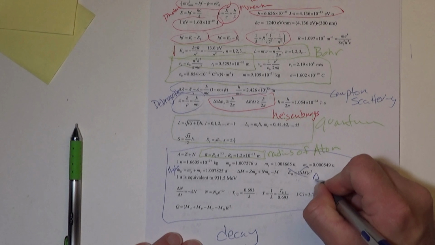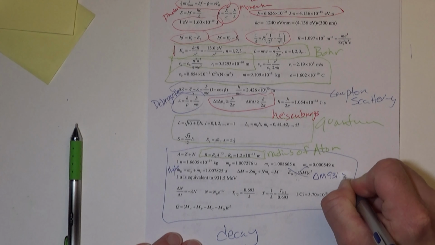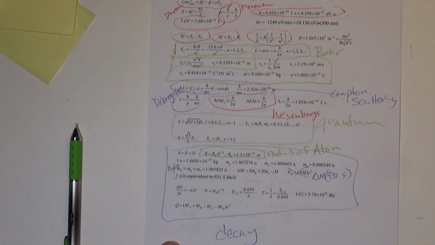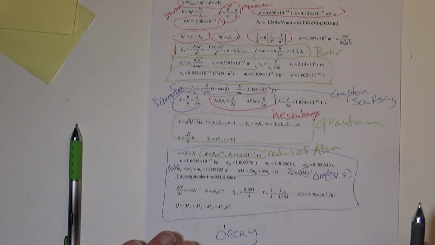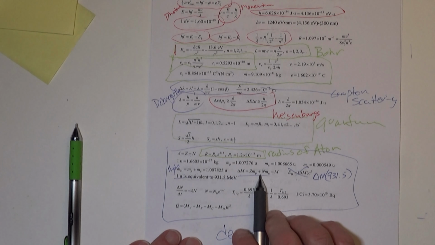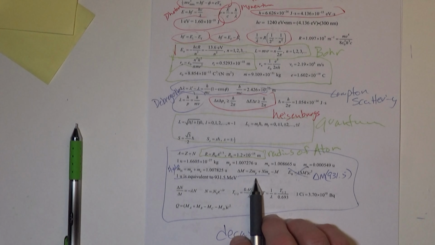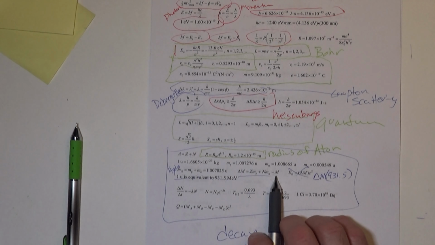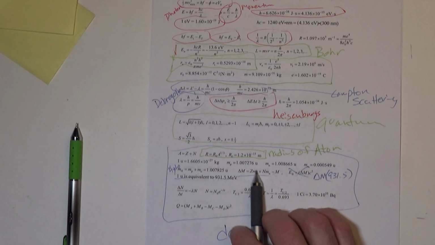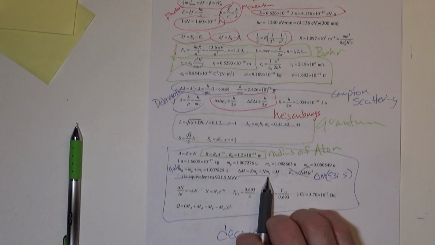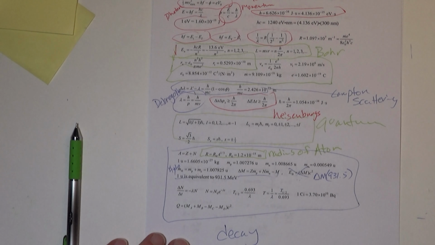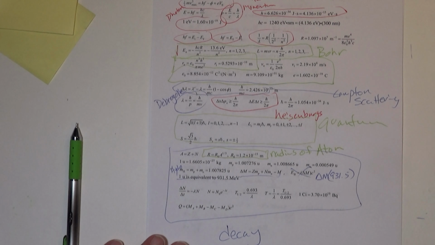What we should use in its place is delta M times 931.5, and he tells you that right here: 1 u is equal to 931.5. Z is the number of protons and N is the number of neutrons, so this is the mass deficit, but he's doing it kind of weird. He's leaving out the electrons, which are included when you look these numbers up on the tables. The mass of an electron is much smaller than that of a proton and neutron, so it might be why he's ignoring it, but I know sometimes in the past he didn't.